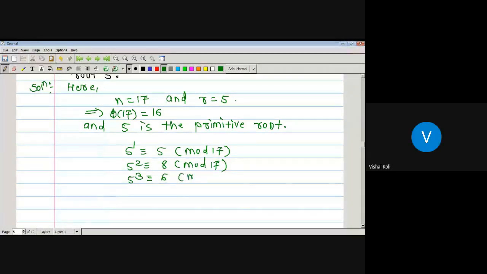5 to the power 4 is congruent to 6 into 5, 30.